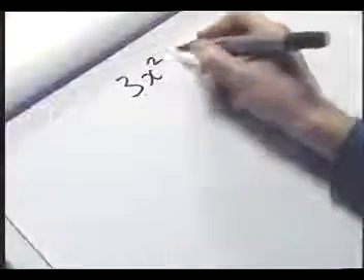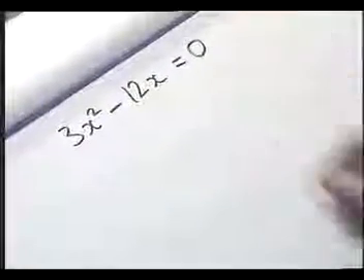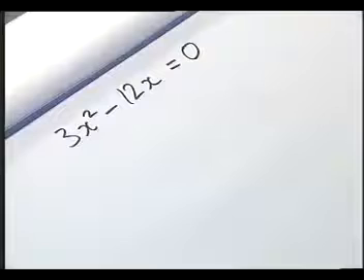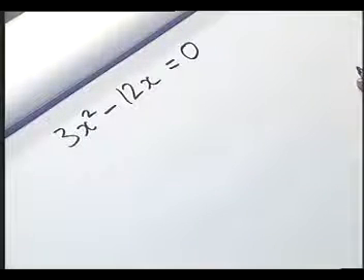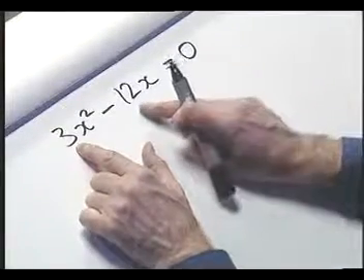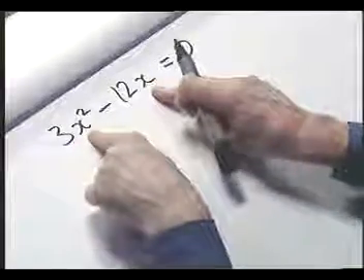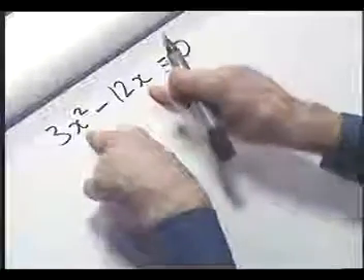So let's do that. 3x squared minus 12x equals 0. It's a quadratic. The first question we've got to ask ourselves is, does it factorise? And if we look, we can see that we've got a common factor in the numbers of 3 and a common factor in the x terms of x.